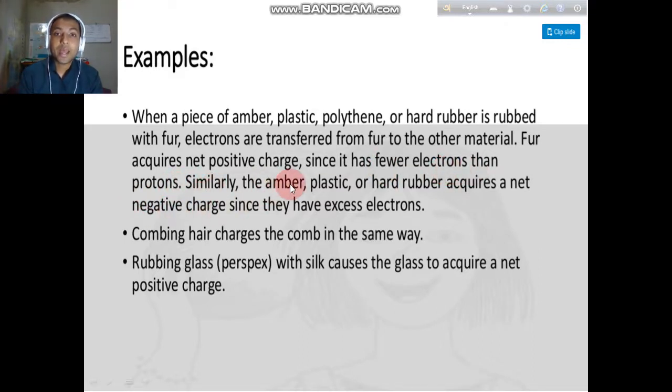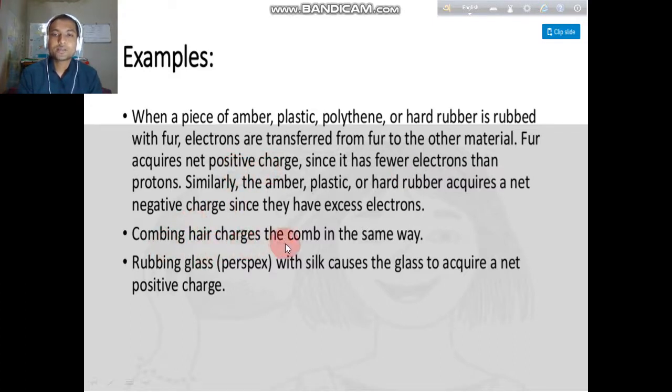Similarly, the amber, plastic or hard rubber acquires a net negative charge since they have excess electrons. That is, the material which has excess electrons is negatively charged, and which has fewer electrons is positively charged.